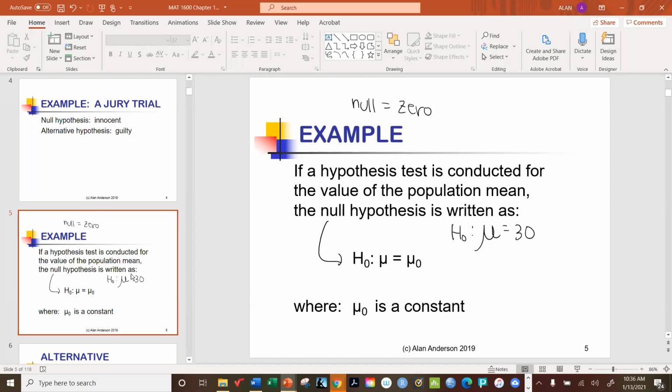They'd say, all right, well, we're pretty sure it's 30. We're going to look at our data and see if that's true or not. Okay, so this is some constant. The little zero means that this is the value specified in the null hypothesis. This is a general expression, but you'll be given a specific number in the problems that you will be working on.